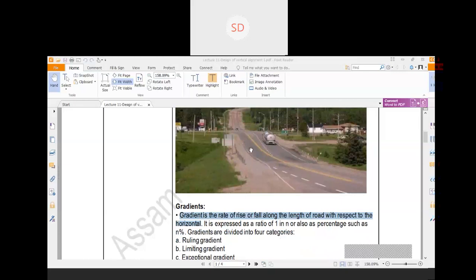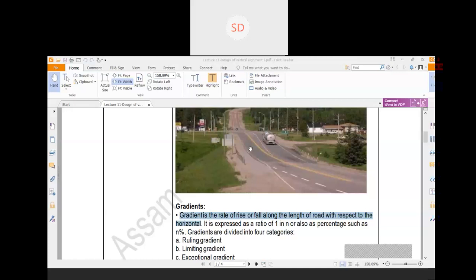For example, suppose you are going from Naringi to your college university. Suppose you have crossed the Panikhete police station. After that, you have to enter the university zone.